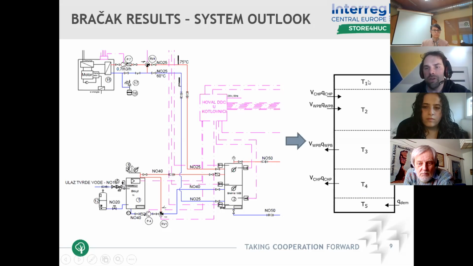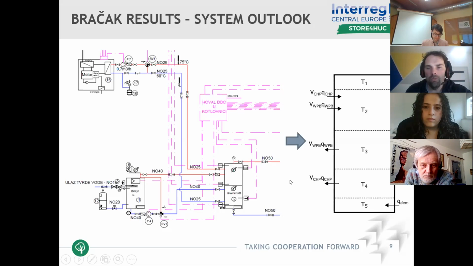So towards the user, the water is sourced from the top, here a temperature T1, and the water is returned. So cooled down water from the users is returned through the bottom of the storage, and it enters layer 5.